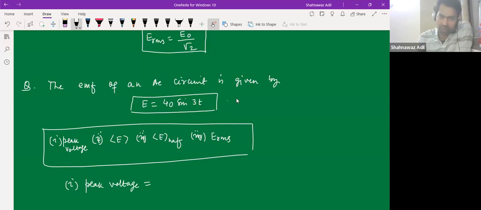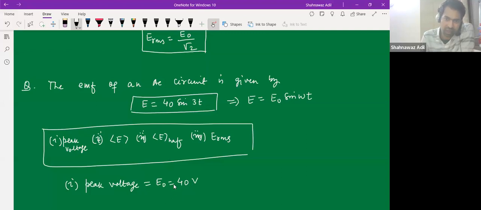Let us compare it with the general form. This is E naught sine of omega t, right? So what is peak voltage? E naught, right? So E naught is how much? It's 40.